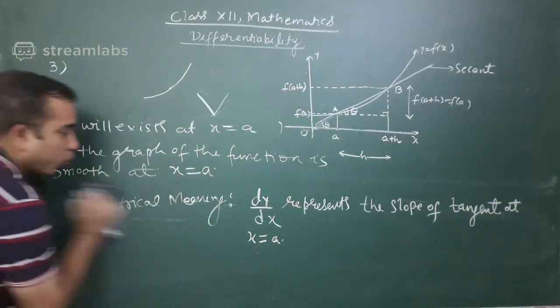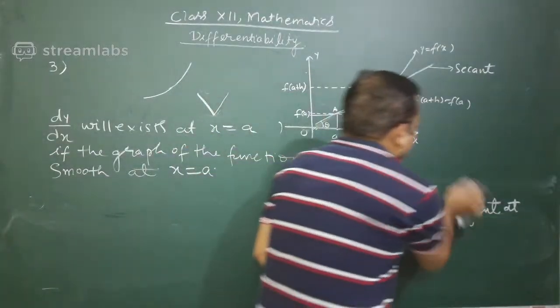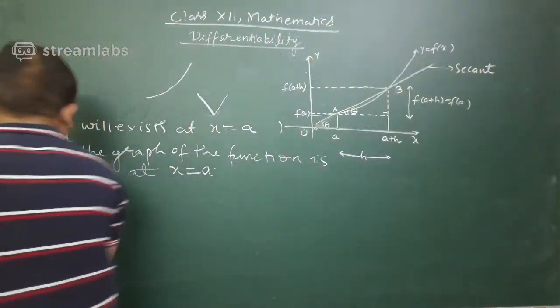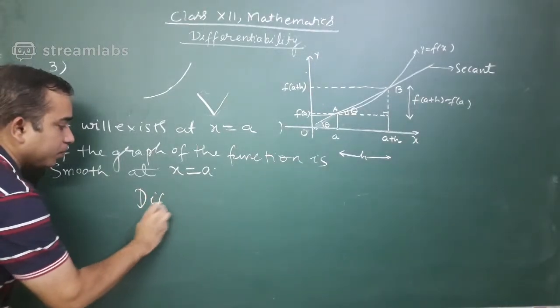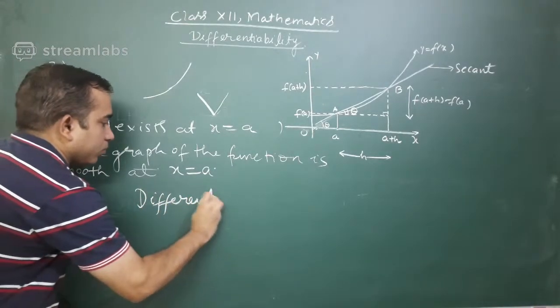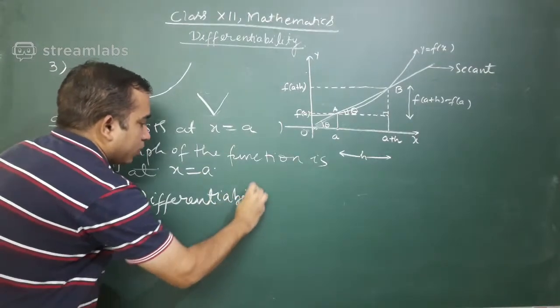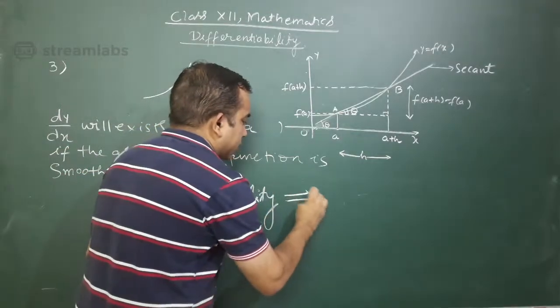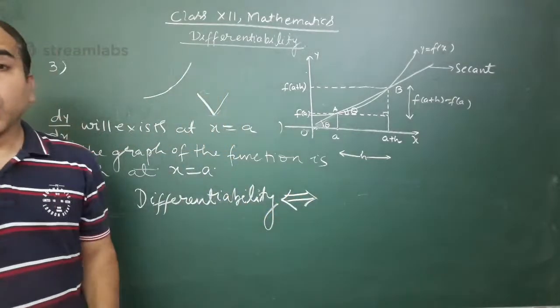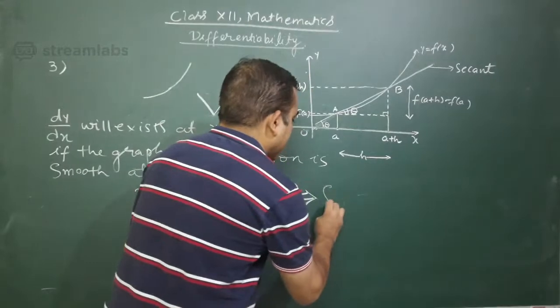And this will make your work very easy. That if you want, and let me frame it in a box, that differentiability can be considered synonymous with smoothness at x equal to a.